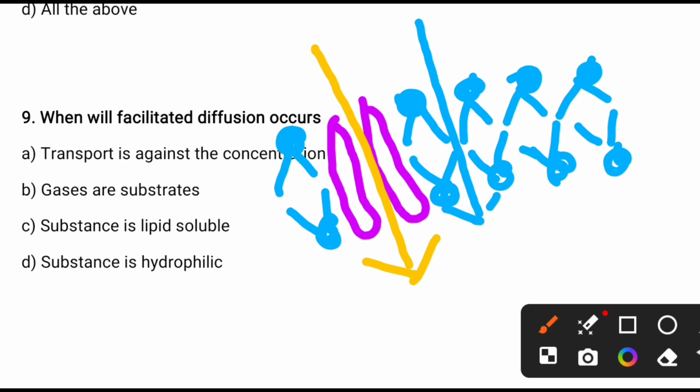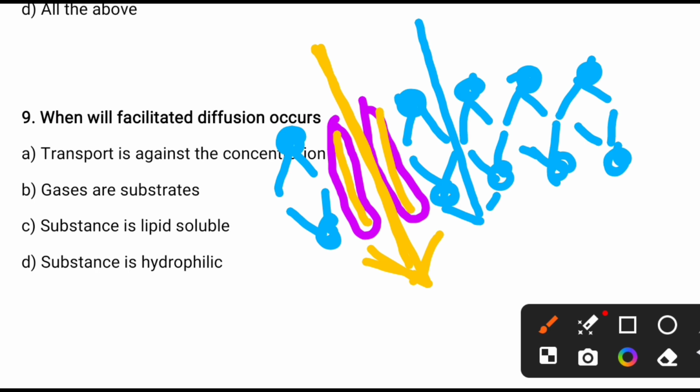That involves no energy. ATP isn't required for this process. These special proteins allow the passage of molecules into and outside of the membrane. These proteins are integral proteins present in the lipid bilayer.